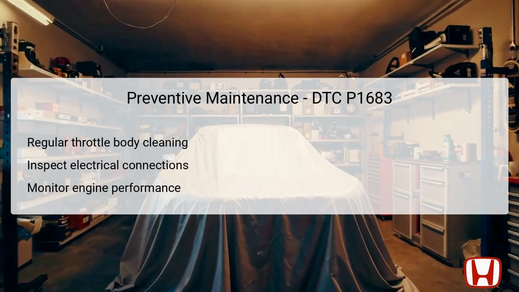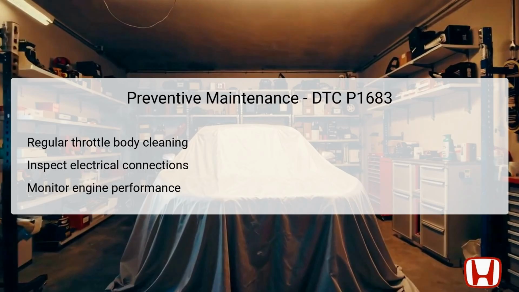To prevent the emergence of DTC P1683 and ensure optimal vehicle performance, regular maintenance of the throttle body is recommended. Performing scheduled cleanings can help remove carbon deposits and other contaminants that can impede the throttle's functionality. Furthermore, routine inspections of electrical connections at both the throttle body and the ECM should not be overlooked, as keeping these connections secure can prevent various electrical issues.